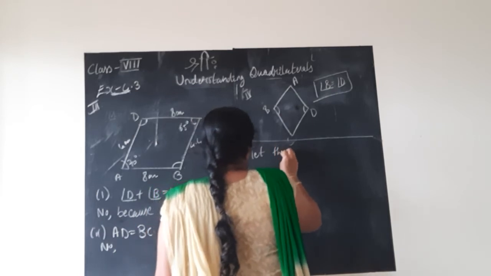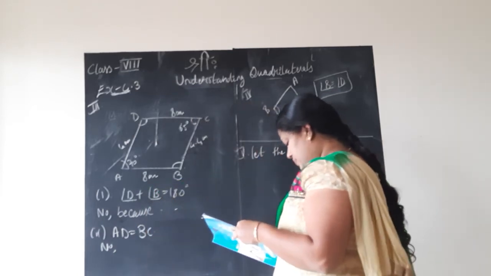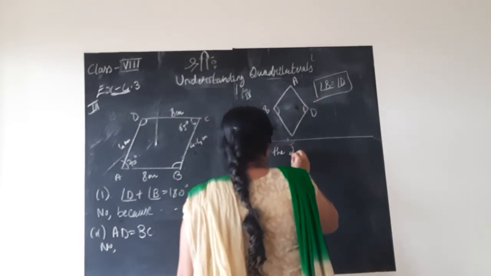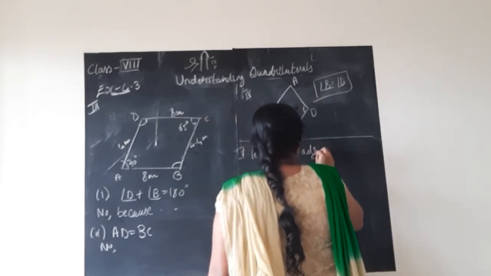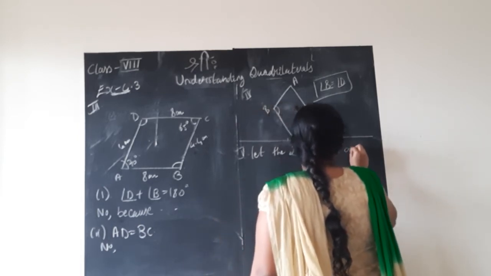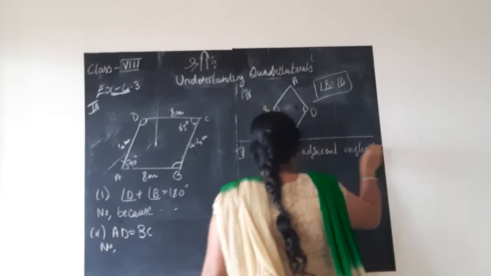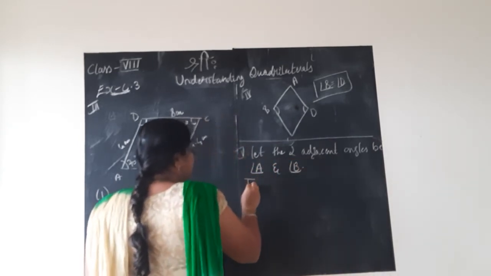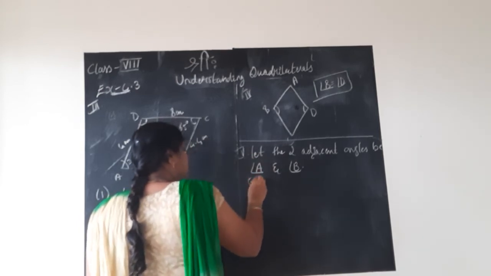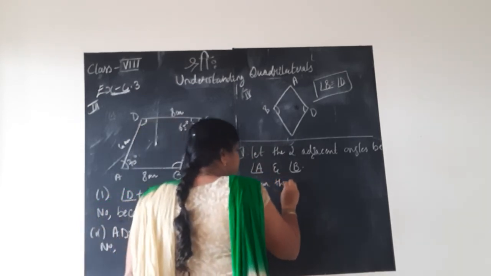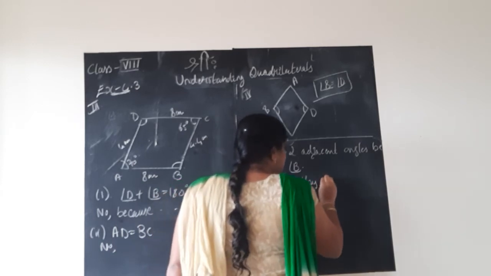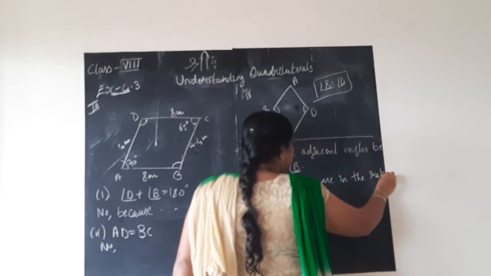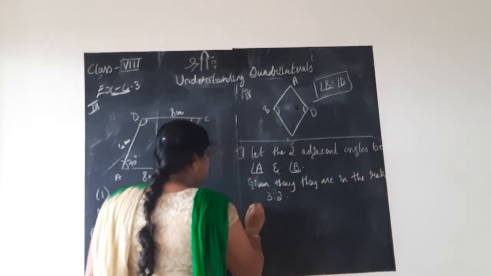So let the two adjacent angles be angle A and angle B. Given that they are in the ratio 3:2.